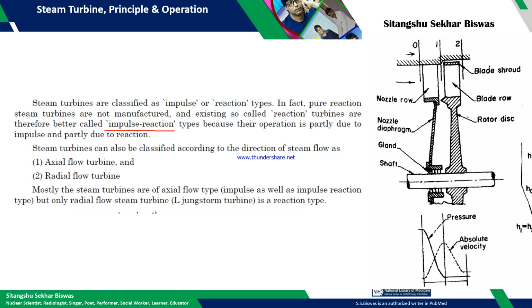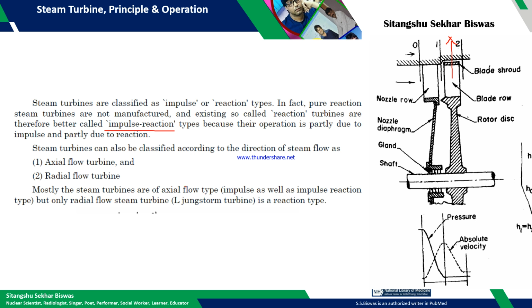These nozzles are used to redirect and slightly increase the kinetic energy of the steam jet, and then it is passing through this blade. The construction of the blade is such that there is a change of momentum, and the component along this is causing the torque and the rotation of the turbine shaft.